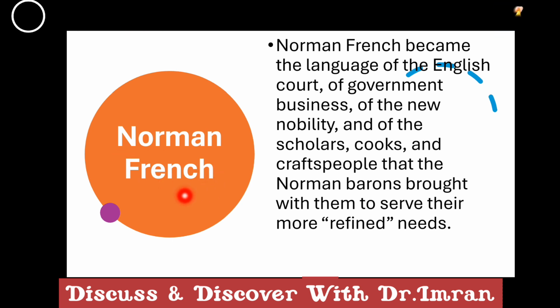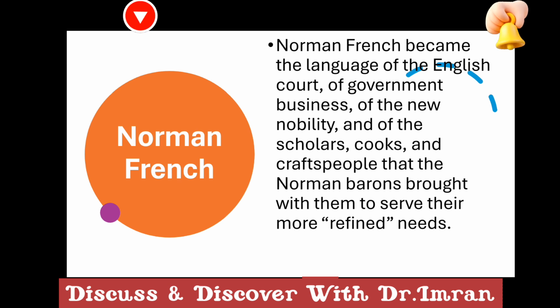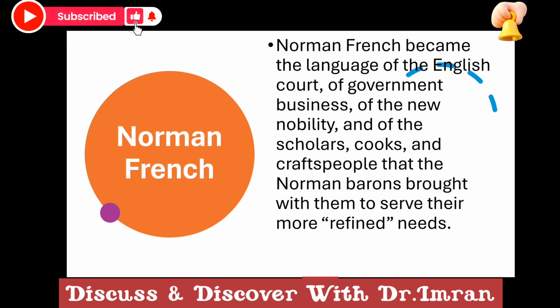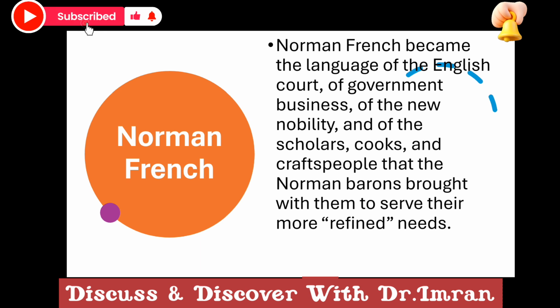Now, Norman French. Norman French became the language of the English court, as we see when the British arrived in the Indian subcontinent. Here also English was the language of the courts, of the aristocracy, of the bureaucrats, of the administration, and later on it also had some place among common people.